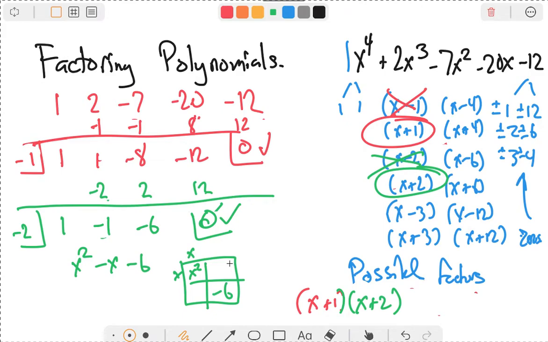Negative 6. One of these is going to be plus, one's going to be minus. 1 and 6 is not going to work, but 2 and 3, I have a negative 3, a positive 2. I got 2x, minus 3x, yeah, that's going to work, because that gives me a negative x. And so I have a factor of x plus 2 and an x minus 3.